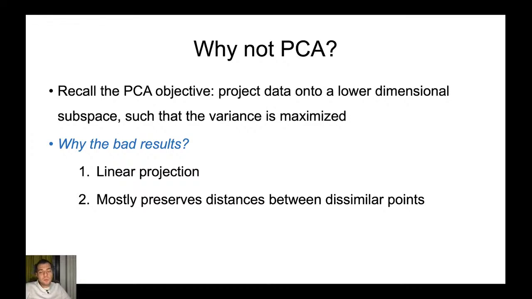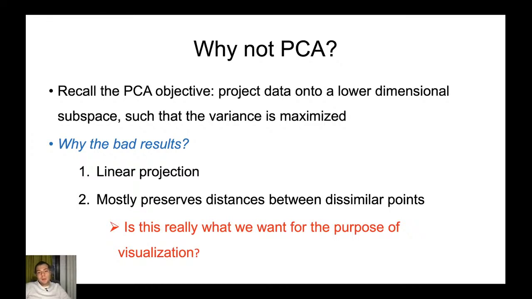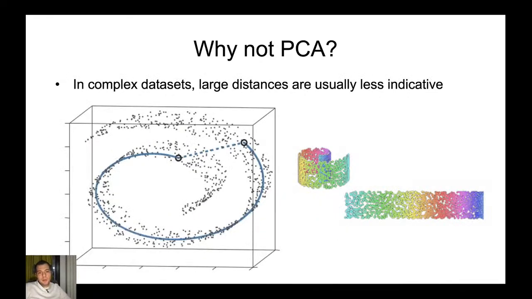So it tries to preserve the distances between all the data points. For visualization, we're not really interested in this aspect. We just want to preserve the distance between very close points, and we do not care about the distance between points that are very far away.